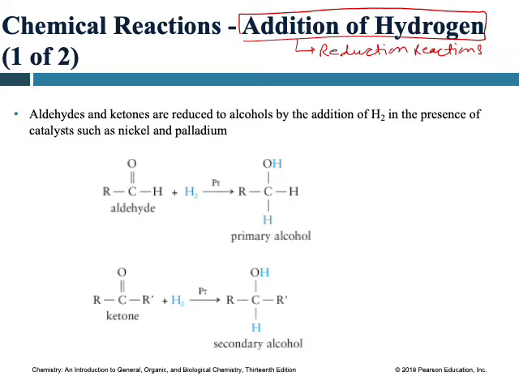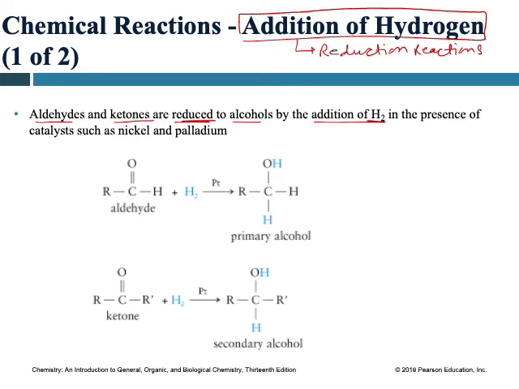Like we have oxidation reaction where you normally oxidize in the presence of oxygen. In reduction, we normally add hydrogen. In oxidation, we add oxygen. In reduction, we add hydrogen, right? So aldehyde and ketone are reduced to alcohol by the addition of H2.